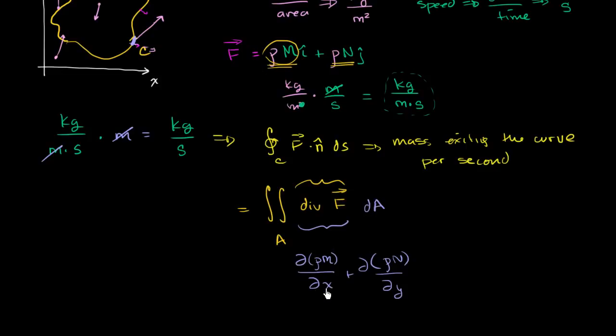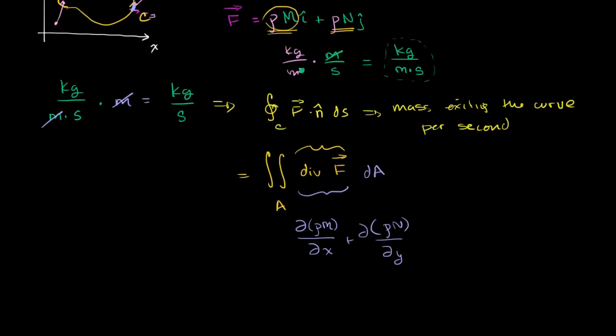Well, what are the units of this going to be? We know what rho m is. Rho m gives us kilograms per meter second. But if we take the derivative with respect to another unit of distance, the units for either of these are going to be kilograms per meter second per meter, because we're taking the derivative with respect to meters again.